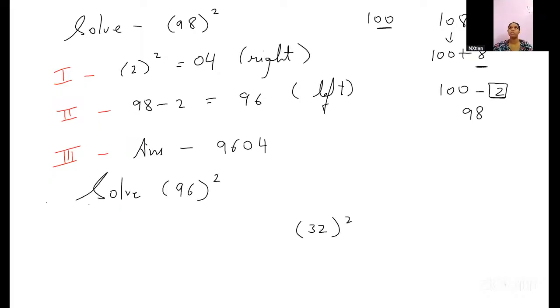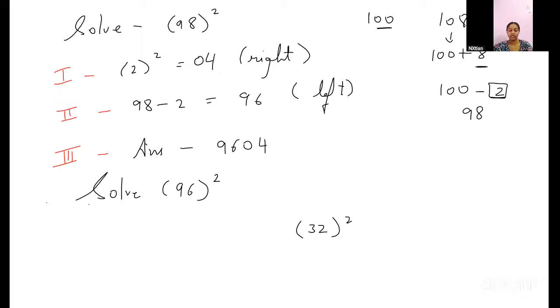This is the problem with the closest base, and the base is going to be 30. 10 is a small number, and for numbers which have the base 10, we already know the answer. That is why base 10 is used the least.